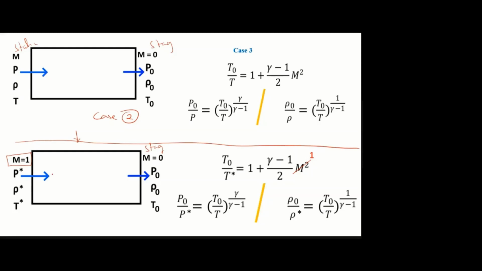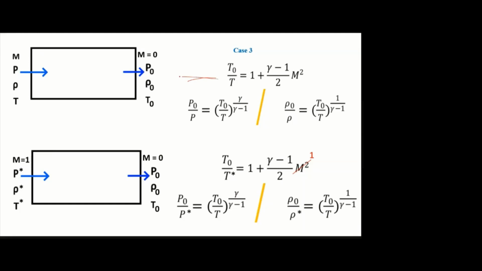So here the assumption is we are stopping the sonic flow. In the earlier case, we stop a flow that can be subsonic or supersonic, making velocity 0. And in the third case, we are stopping the sonic flow and making velocity 0.